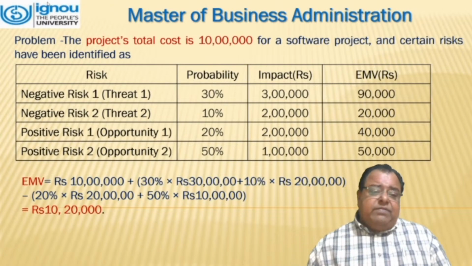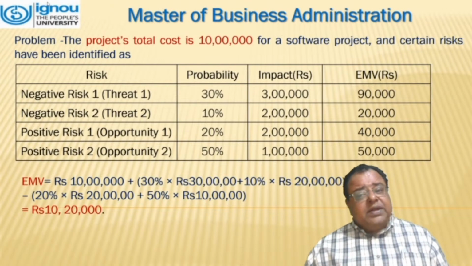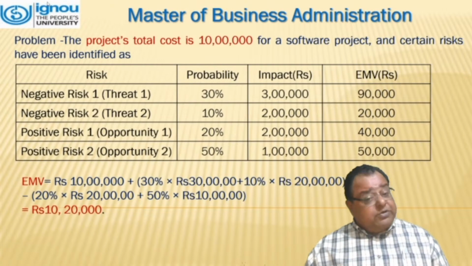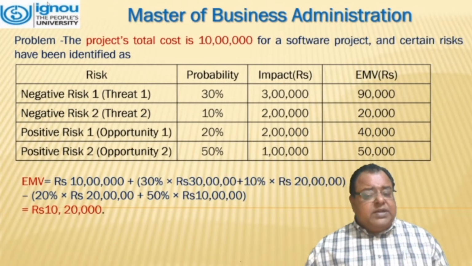Second one is negative risk, threat two, 10%, 2 lakh rupees, EMV is 20,000. Positive risk, that is we have opportunity, that is 20%. Impact value is 2 lakh rupees, EMV is 40,000. And similarly for the positive risk 2, that is opportunity 2, 50% is the probability, 1 lakh is the impact, and 50,000 is the EMV.